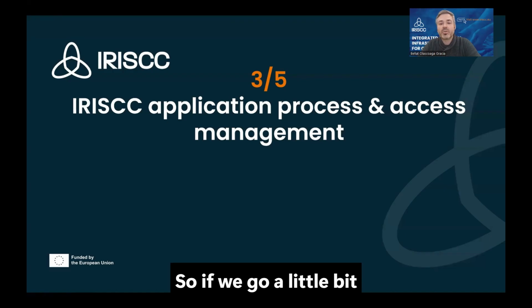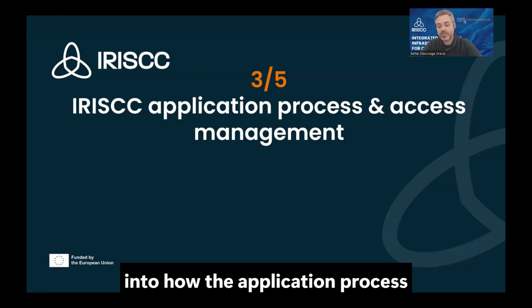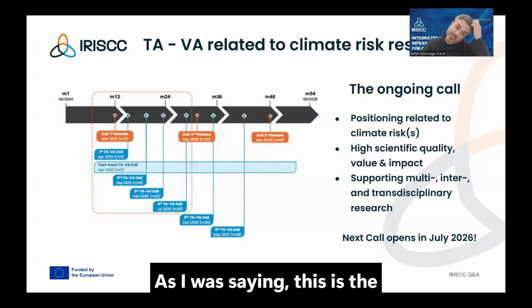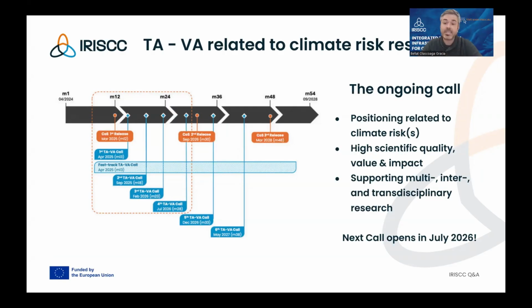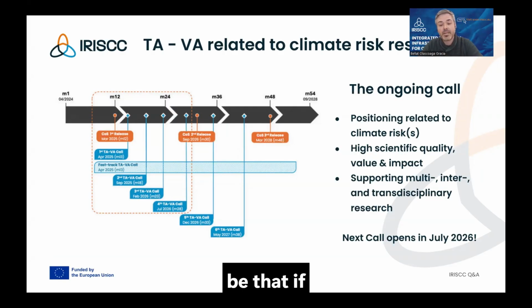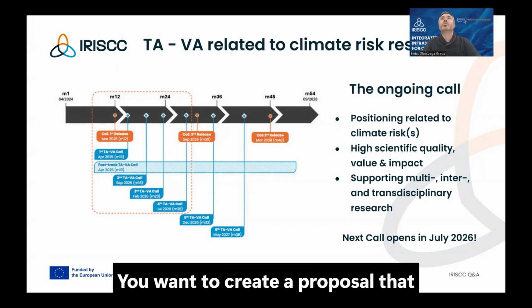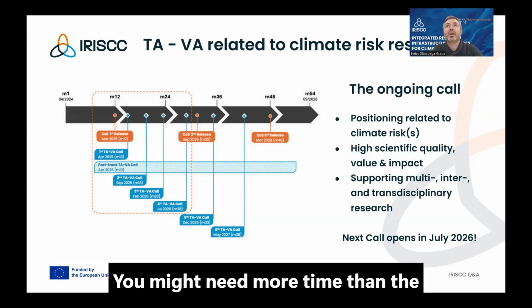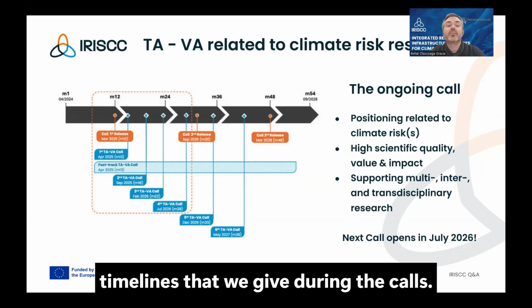So if we go a little bit into how the application process goes and how it's managed, as I was saying, this is the 3rd call, and if you want to create a proposal that is more complex, you might need more time than the timelines that we give during the calls.